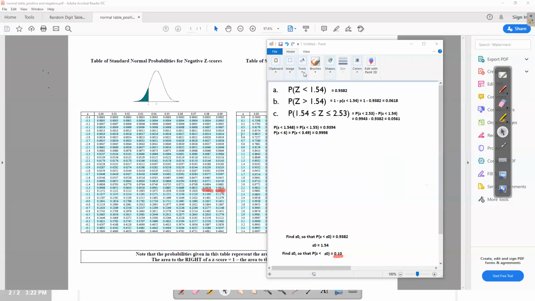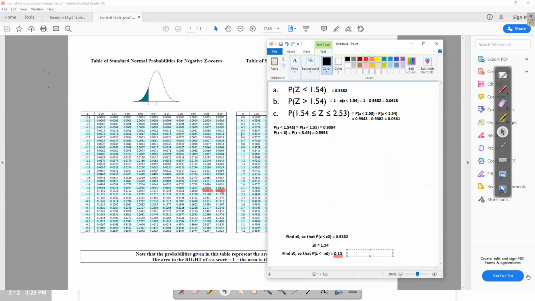So basically, I couldn't find probability of 0.10 here, but I can find a probability of 0.1003, and that's close enough to 0.10. So from here, we can say Z0 is the corresponding value for 0.1003, which is negative 1.28, right?